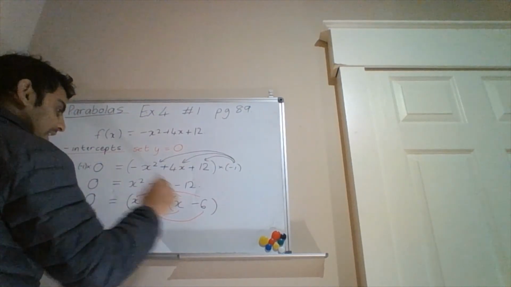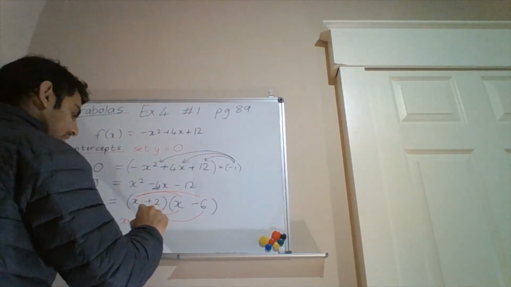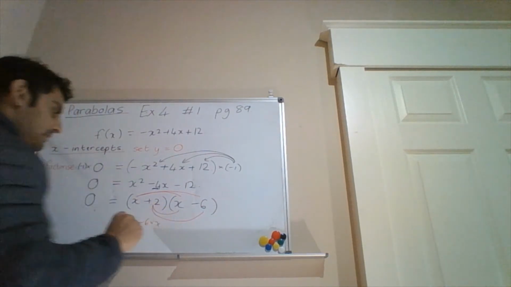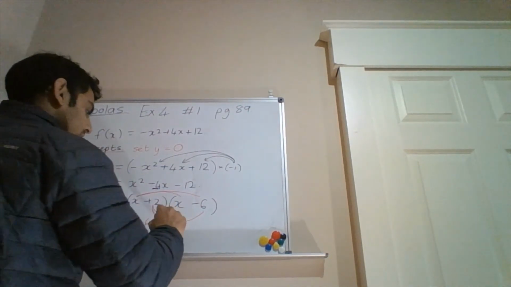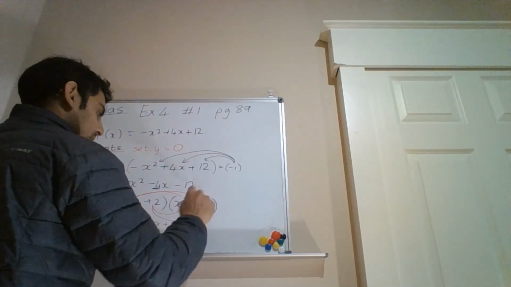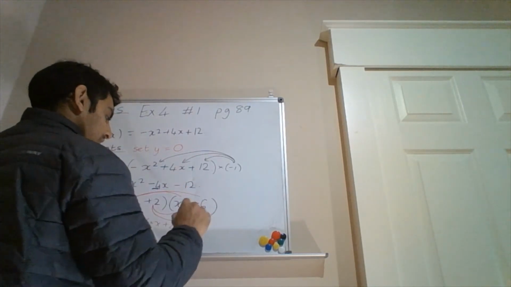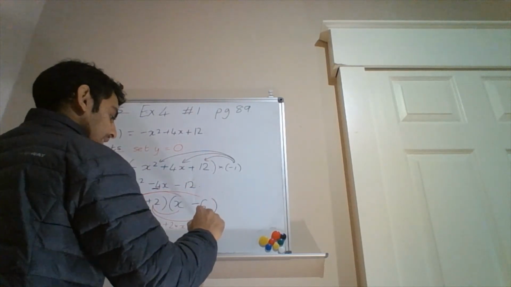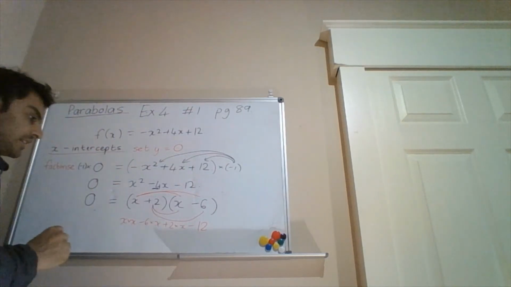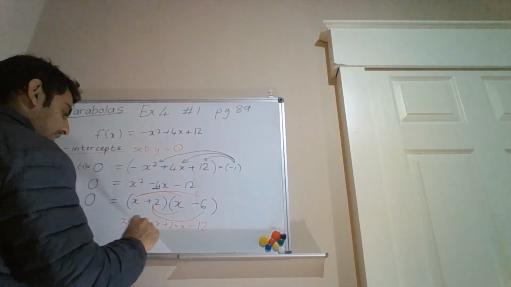So we've got x times x and minus 6 times x. Then we've got plus 2 times x and plus 2 times minus 6. So a positive times a negative is negative, and 2 times 6 is 12. Let's calculate this out. x times x is x squared.